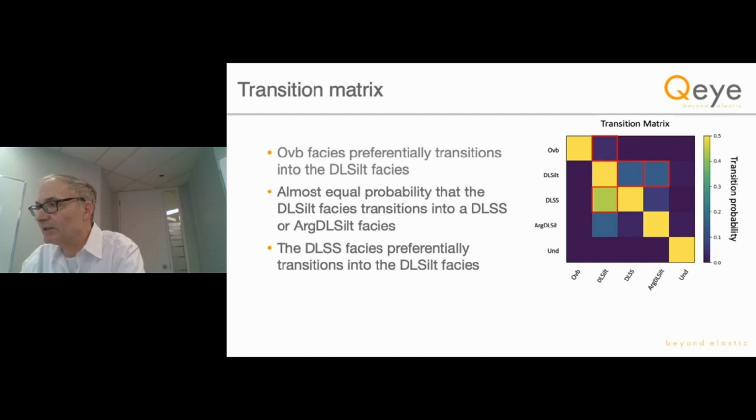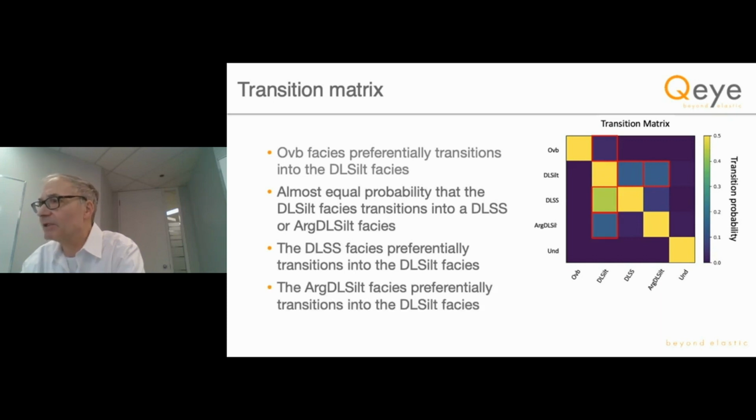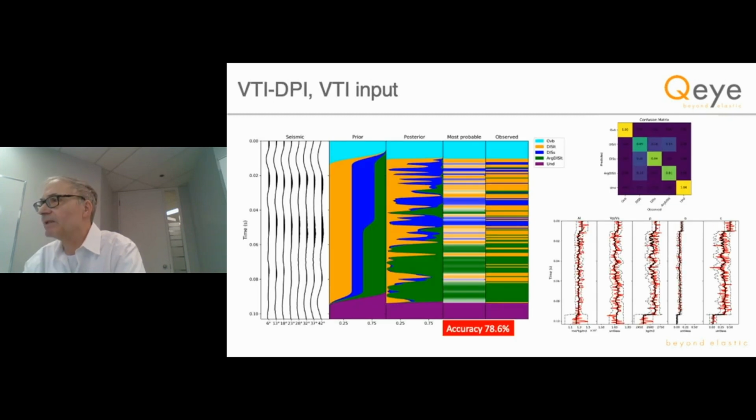And the dolomitic sandstone facies preferentially transitions into dolomitic siltstone facies. That's shown by this green off diagonal probability. And finally, the argillaceous dolomitic siltstone facies preferentially transitions into the dolomitic siltstone facies, shown by this dark blue point. So here are the results.